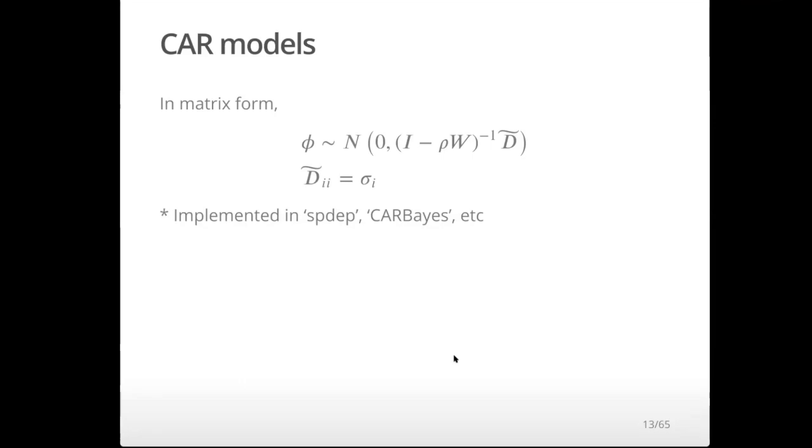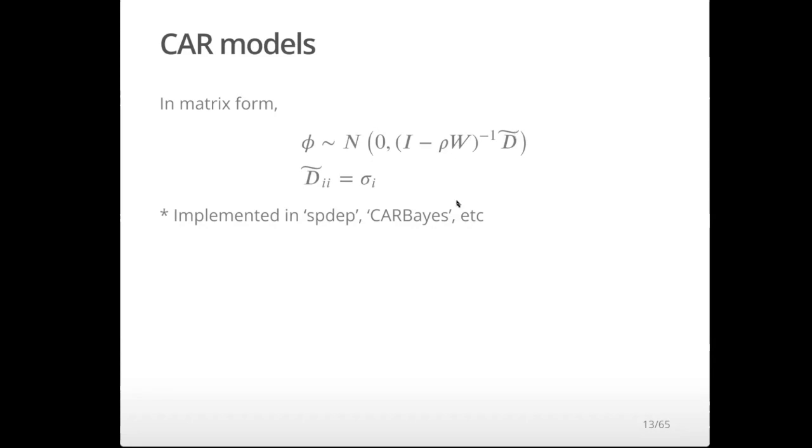So this is going to be random effects. It has mean 0 because the intercept and all the covariates in the model are going to be sucking up the rest of the variation, and that will be the mean. Then this messy thing here on the right is the covariance matrix. This form is the CAR formulation of the covariance matrix.